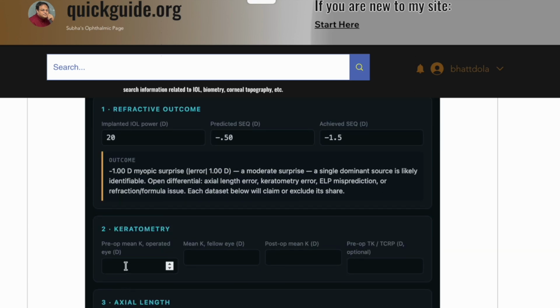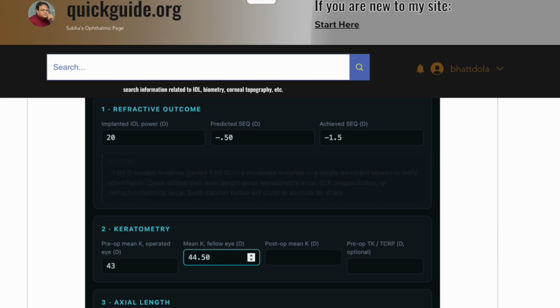Now the calculator is asking you to put in the preoperative K readings, and here if you have, say, 42 diopters of K1 and 44 diopters of K2, then your mean K preoperatively is 43 diopters, right? And the mean K for the fellow eye, say for example, you found it to be 44.50 diopters.